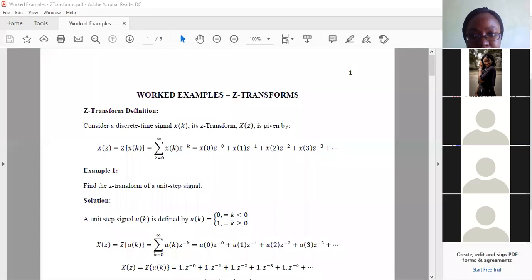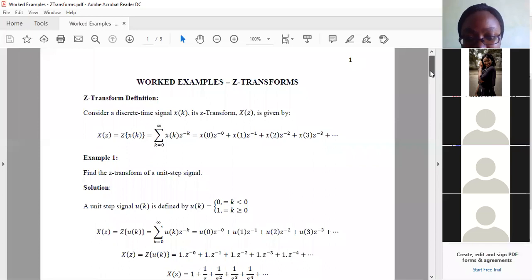I would share my screen now. I'm sharing the worked example which I gave you all, which is on your module. Can you all see my screen?